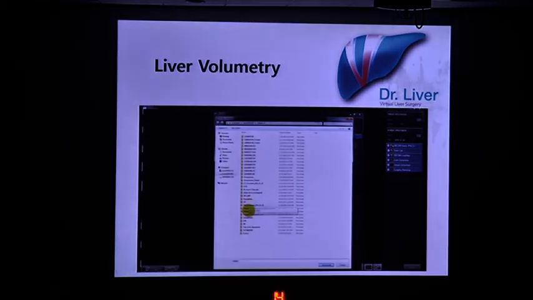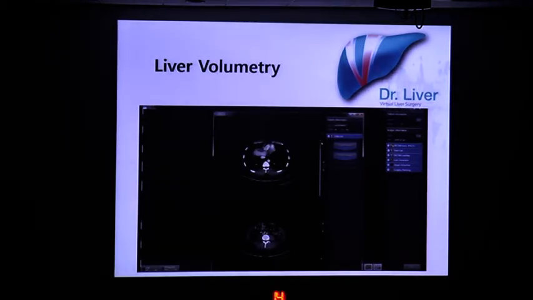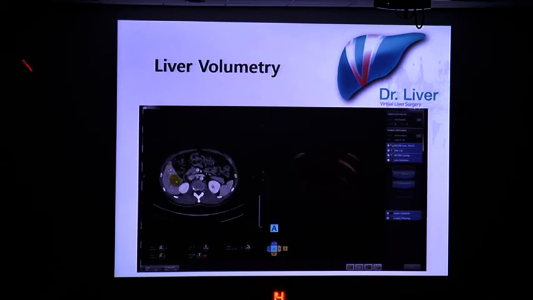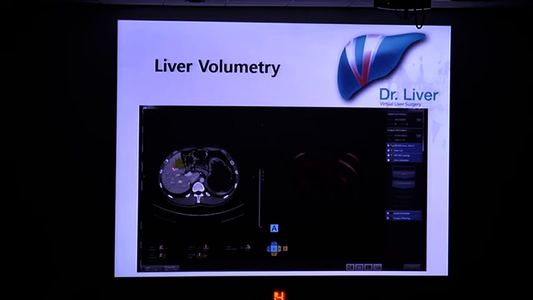We just extract the CT images easily from the PACS system. And you can put points in the liver in several slices. You can just put the points.